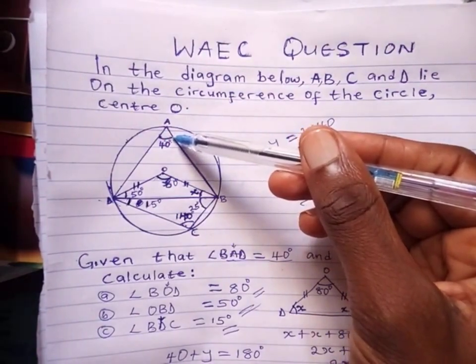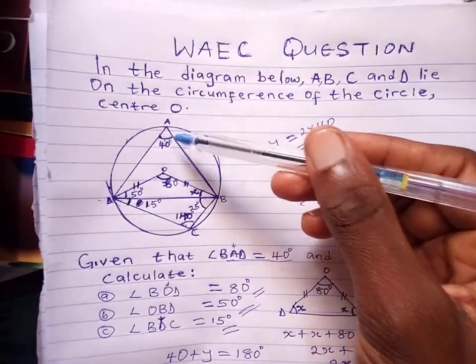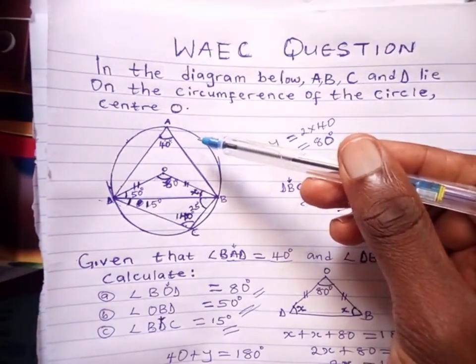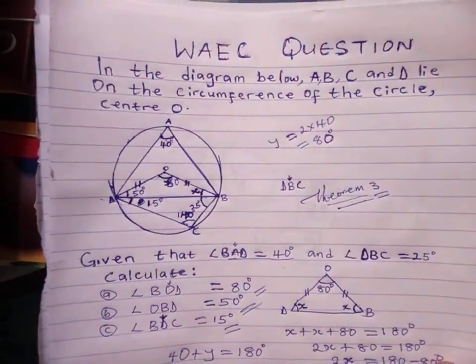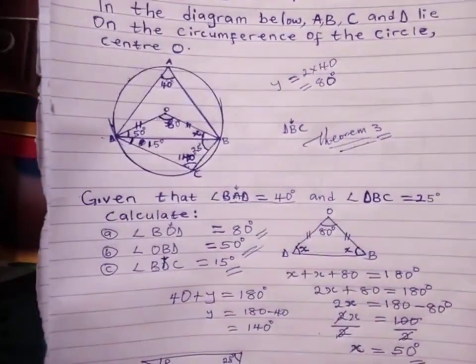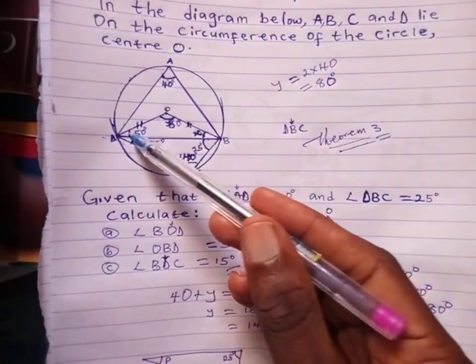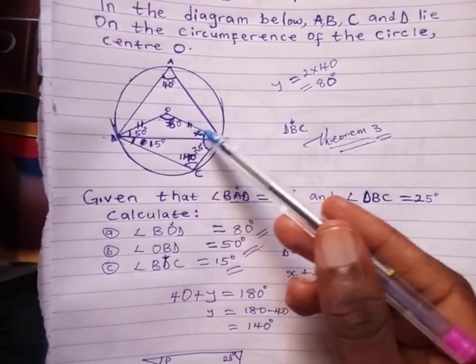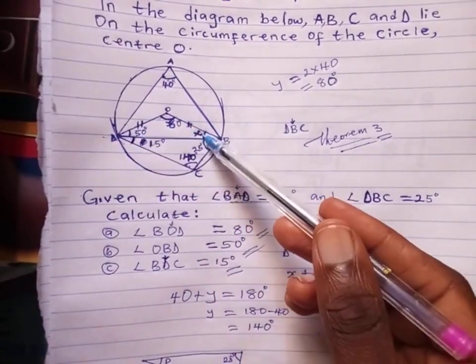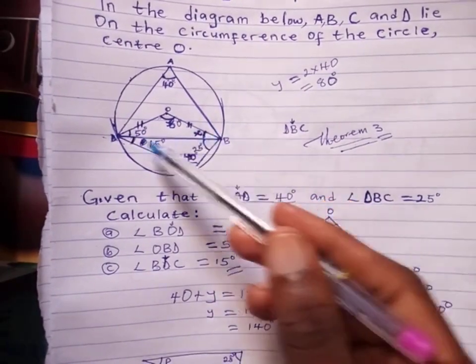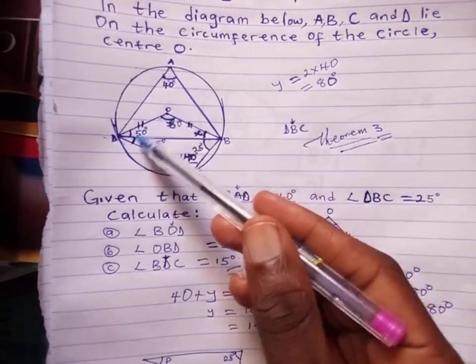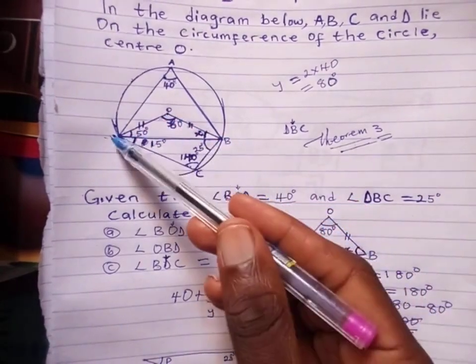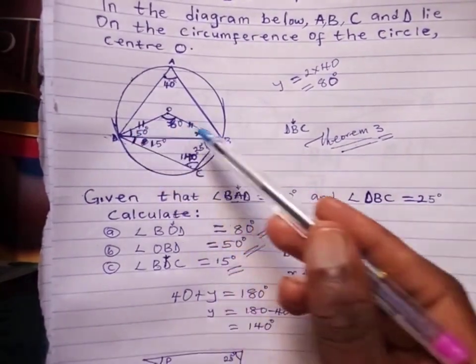Please, if you have not reviewed that lesson, do well to go through it. We've also been able to calculate the angle formed at this point, because an isosceles triangle is formed there. The angle here is 50. Here will also be 50, because in an isosceles triangle, the base angles are equal.